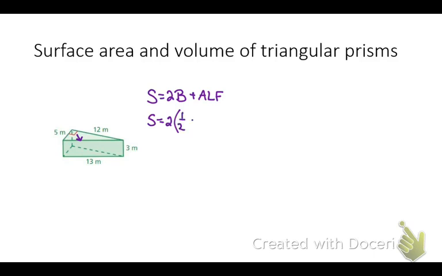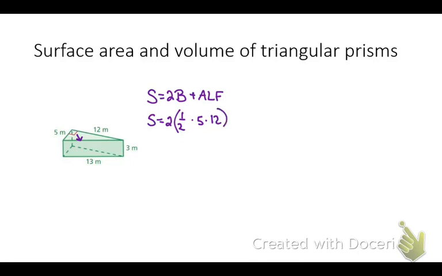What is the base of that triangle? I would say 5, okay? If you say 12, that's fine. You cannot say 13, guys. Do not say 13. That's where you can mess up. So 1/2 times 5 times 12, okay?